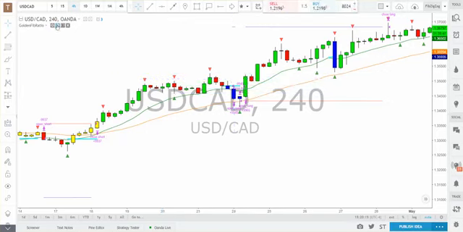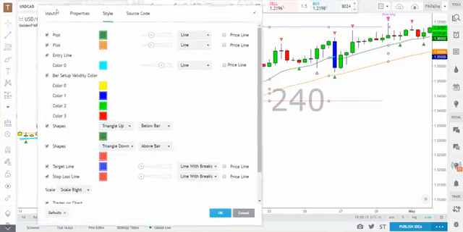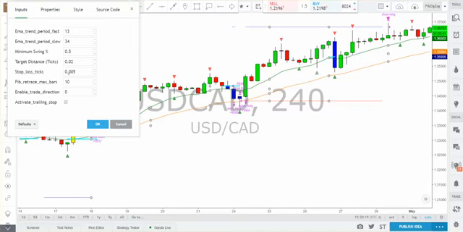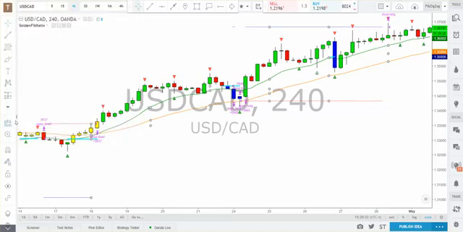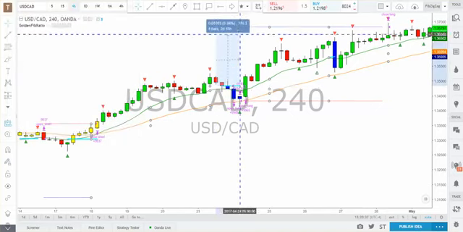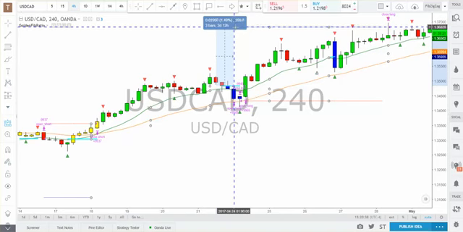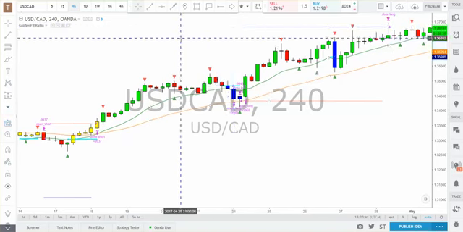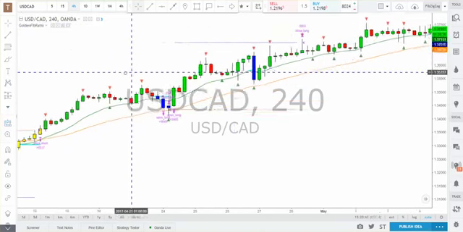In this case, the stop is set to 50 pips, 0.005, and the target is set to 200 pips. We entered long and took profit up here. Let's measure this just to make sure. Yep, that's 200 pips right there.